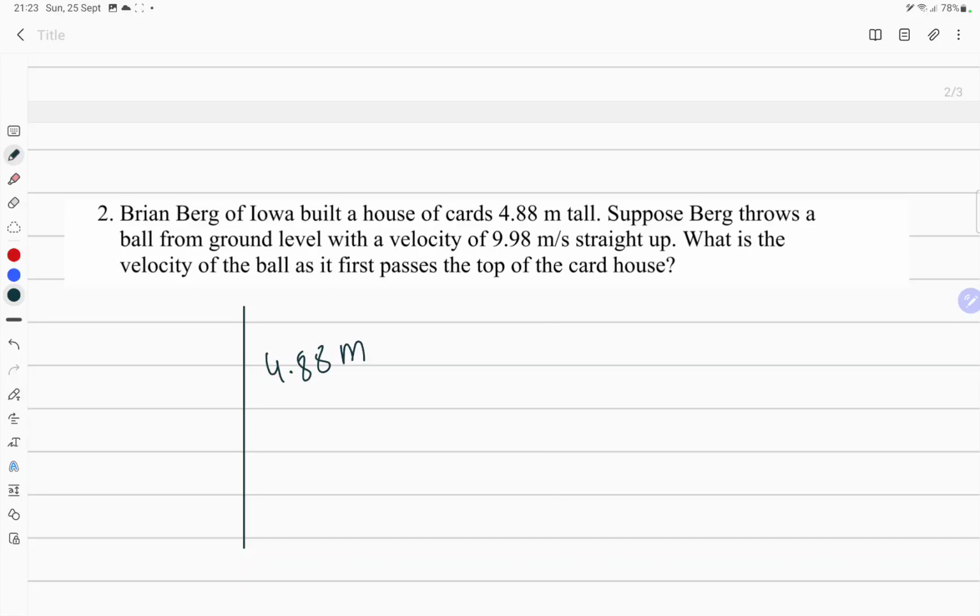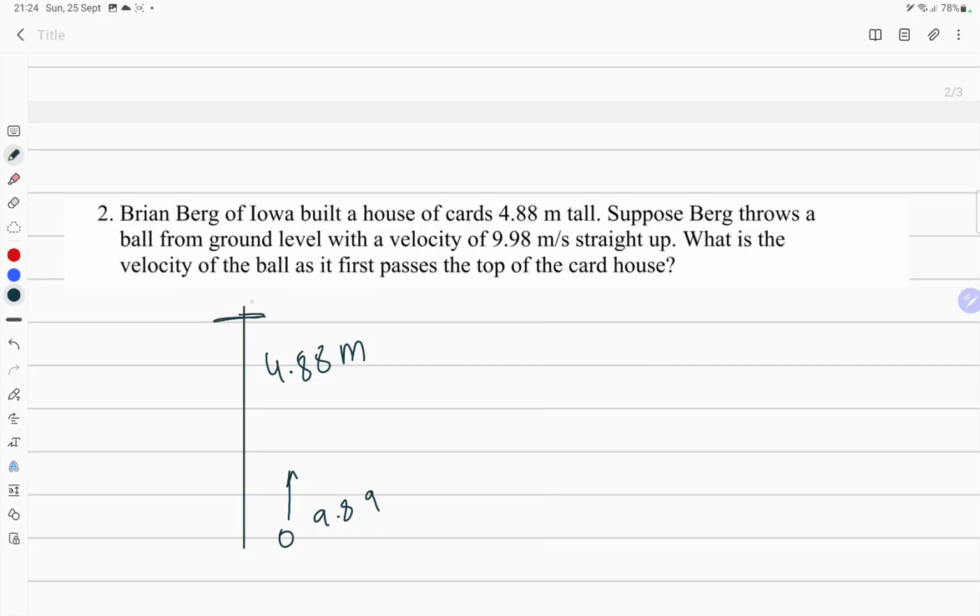Suppose Berg throws a ball from the ground level with a velocity of 9.88 meters per second, straight up. What is the velocity of the ball as it first passes the top of the cards?